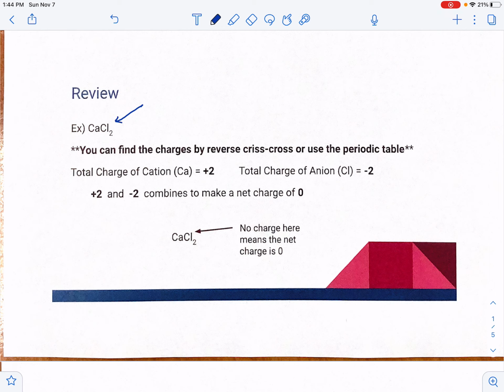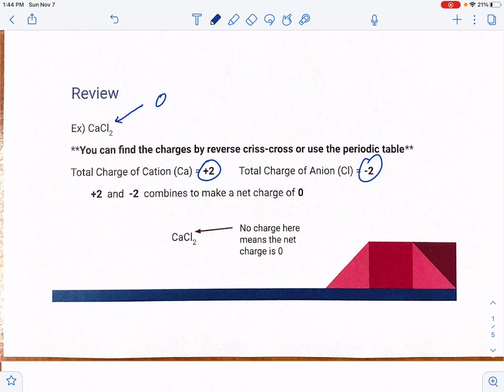If it's blank, that means no. That means your total net charge is going to be equal to 0. That means you had just enough positives to balance out just enough negatives. The charge of calcium off your periodic table is +2, and the charge of chlorine is -1, but I have 2 of them, so my total negative charge will be -2.